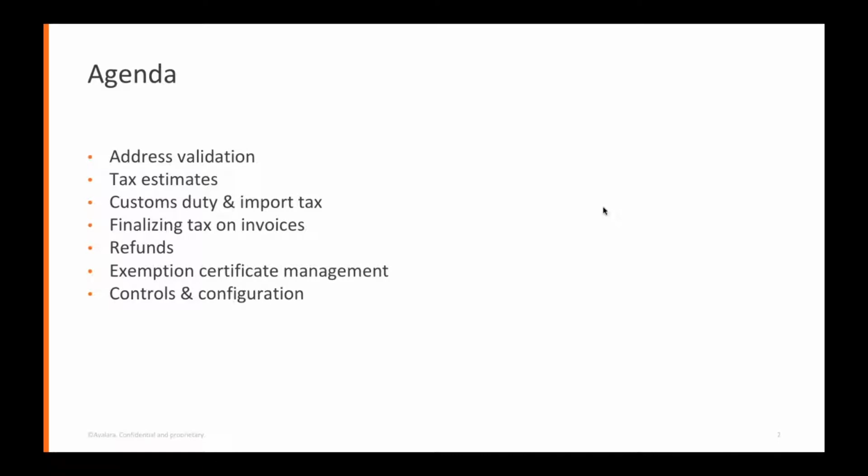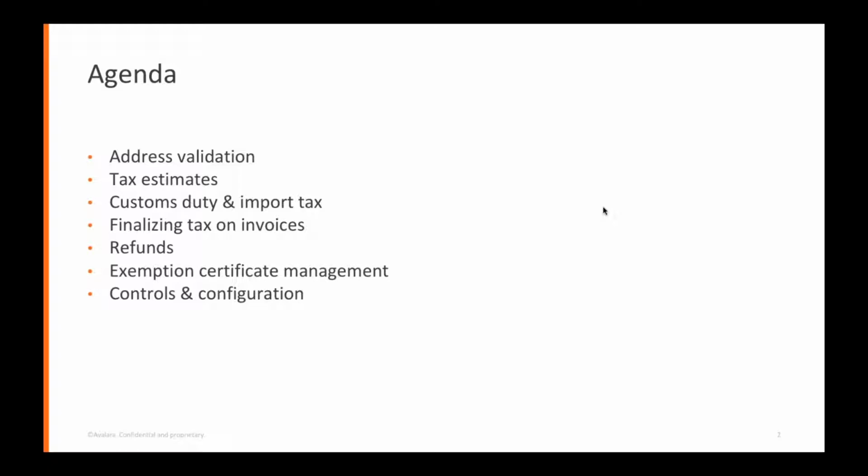We'll be starting off with address validation and talking about how address validation is impactful, especially when performing tax calculations with Avalara services. We'll then move on and talk a little bit about tax estimates and how they should be operated and managed throughout the ERP.